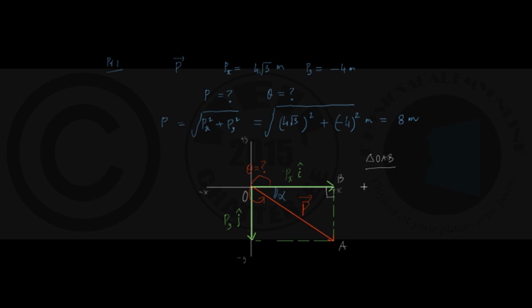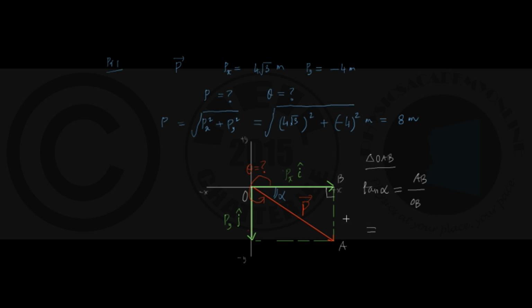You find out tan alpha is given by perpendicular, that is the opposite, that is AB, divided by the base, that was OB. Now the length of AB, as you can see, is of course Py.